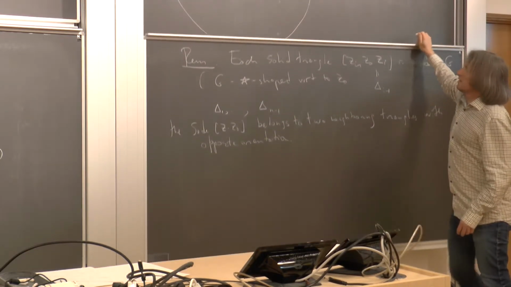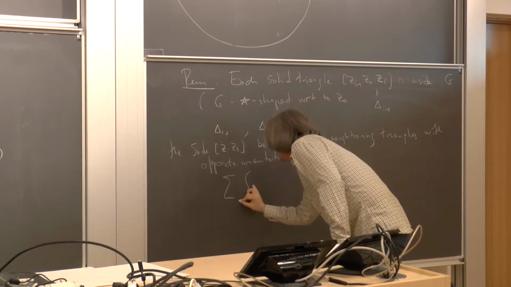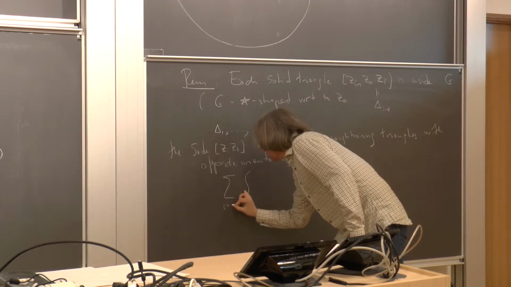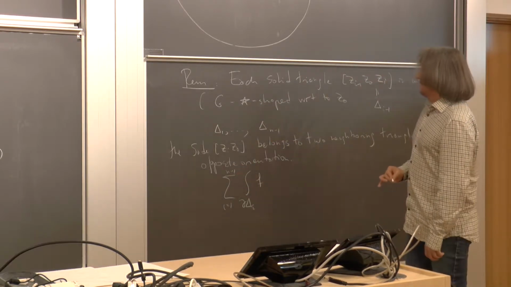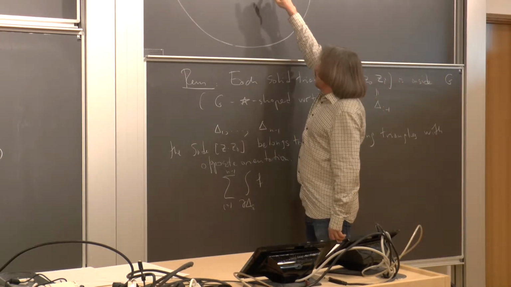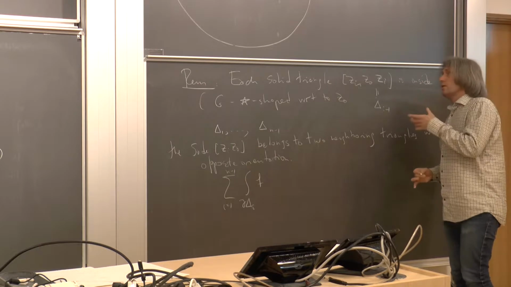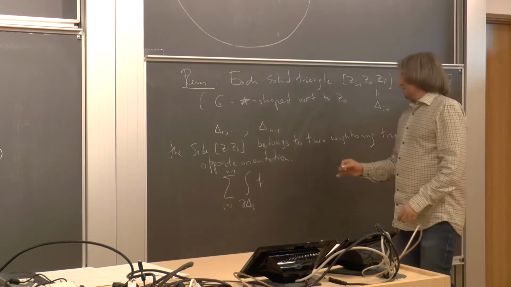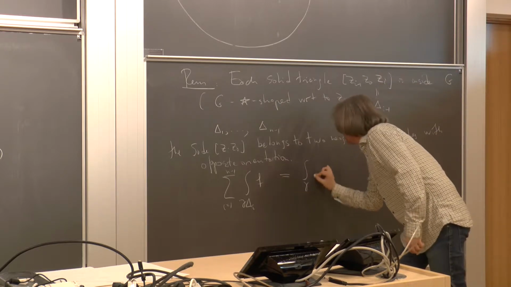So it follows that the sum of integrals over the sides of these triangles, I goes from 1 to n minus 1, of f, is of course the sum of integrals over the sides, and two of these will cancel out, and the third one will contribute to the total integral along the curve. So this is the integral over gamma of f.